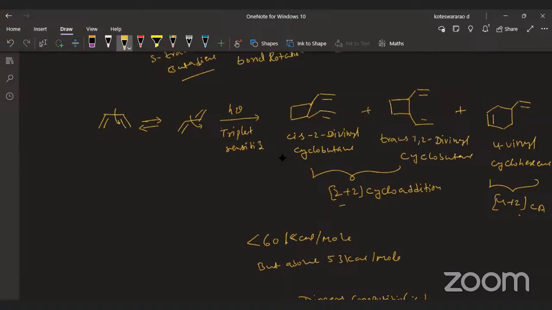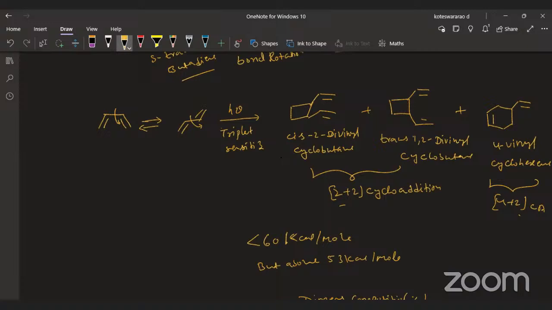The energy required for this C-C bond rotation is called the energy barrier, and here it is the greater energy barrier. That means the highest energy barrier to rotate about the C2-C3 bond of the triplet state of the s-cis and s-trans conformations of butadiene.